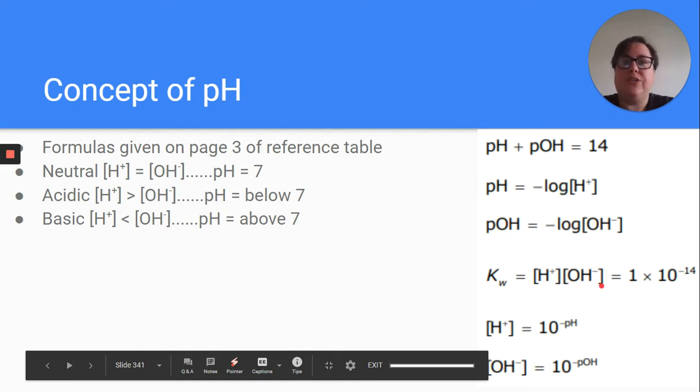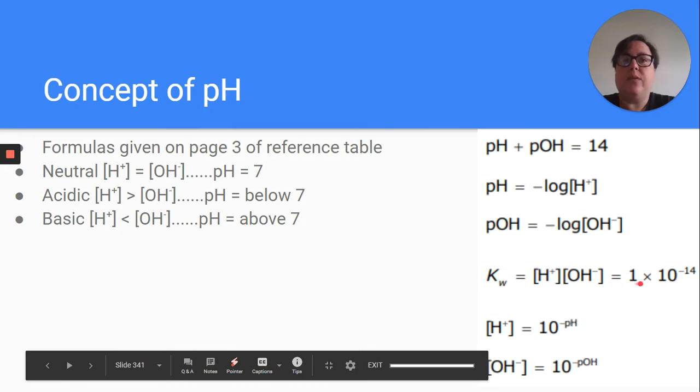We can relate the two concentrations of hydrogen and hydroxide by multiplying them, and they would always give us 1 times 10 to the negative 14. That's called the equilibrium constant for water, and I know we haven't talked about equilibrium yet. But those two, the concentrations, the exponents should always add up to be negative 14.